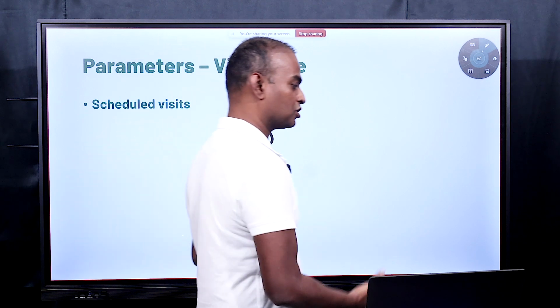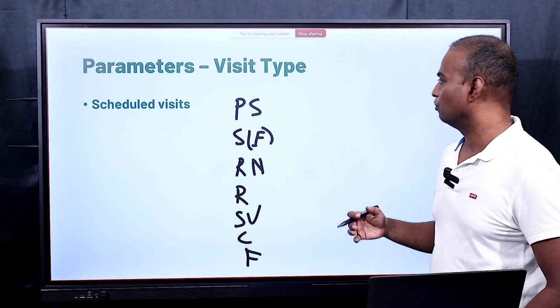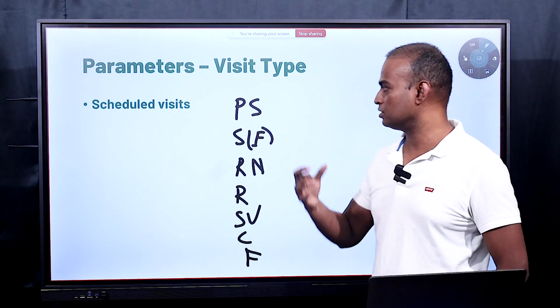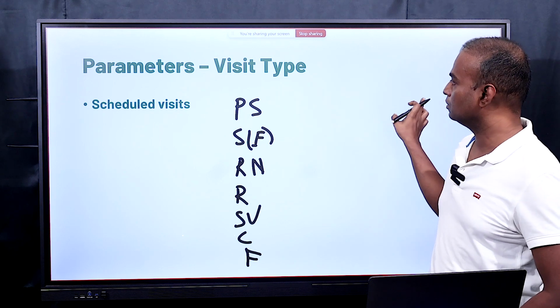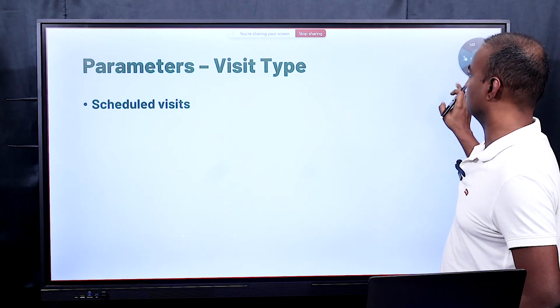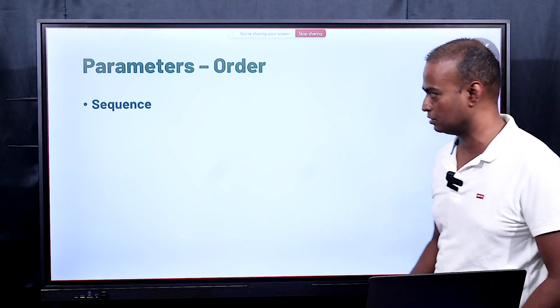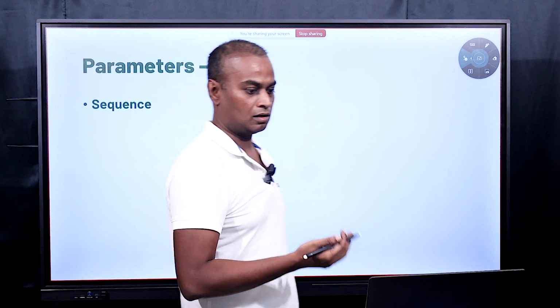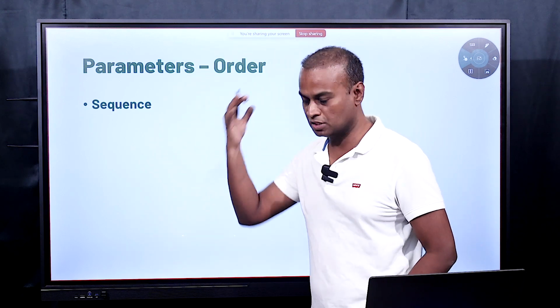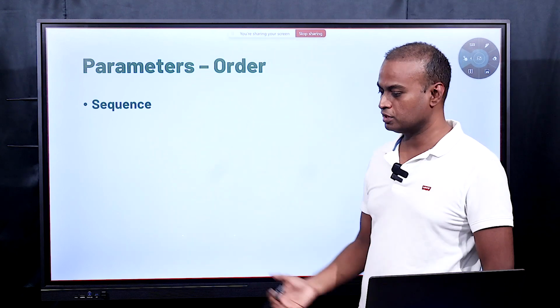So how will the system know which is the first visit, which is the first transaction for the patient? Next parameter is the sequence, or the visit order. Visit order is a sequence of visits. Which visit has to come first?